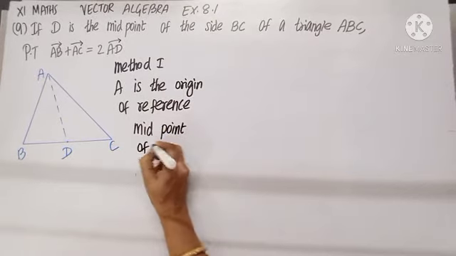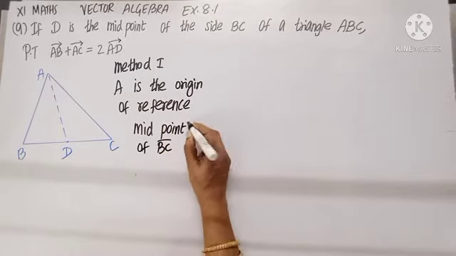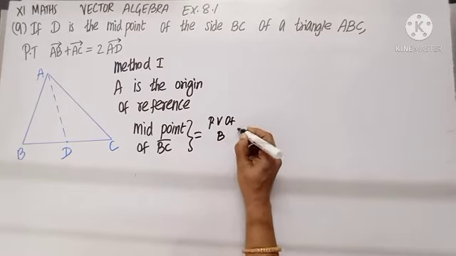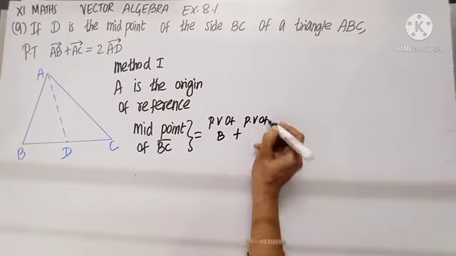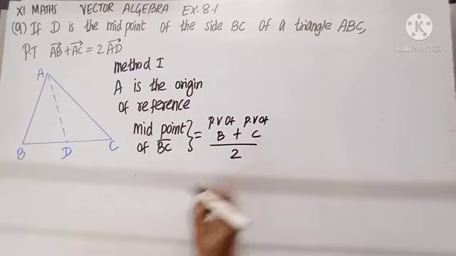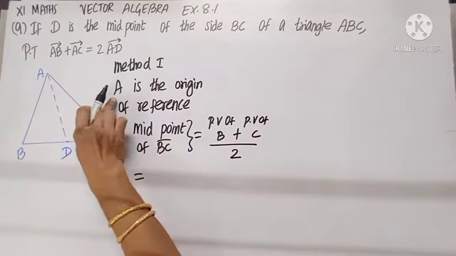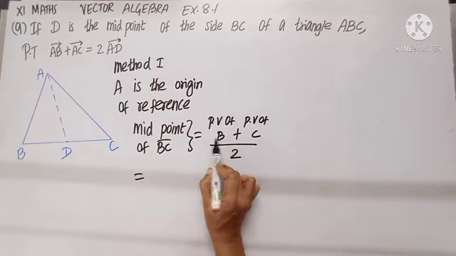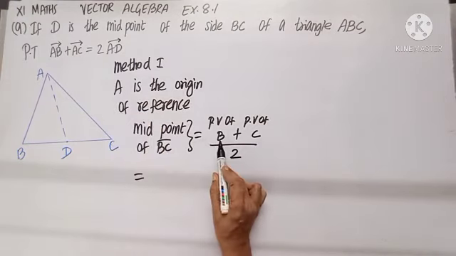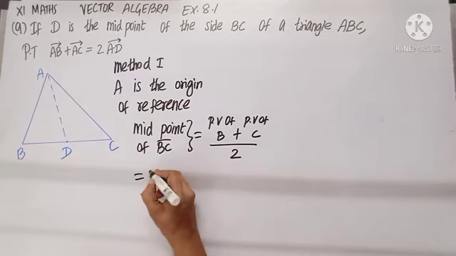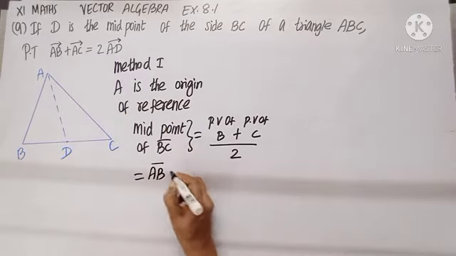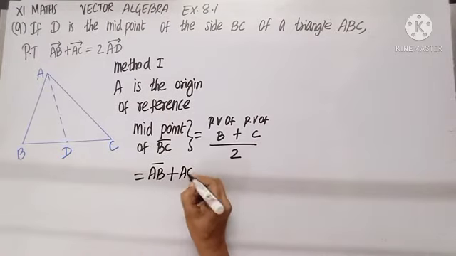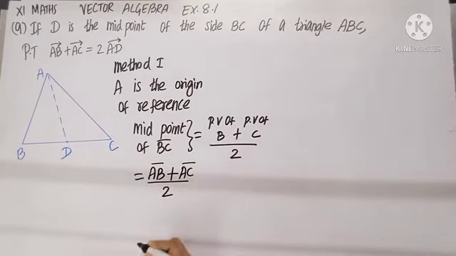It is the position vector of B plus the position vector of C, divided by 2. I have taken A to be the origin. So what is the position vector of B? With the origin A, it is the AB vector. The position vector of C is the AC vector.